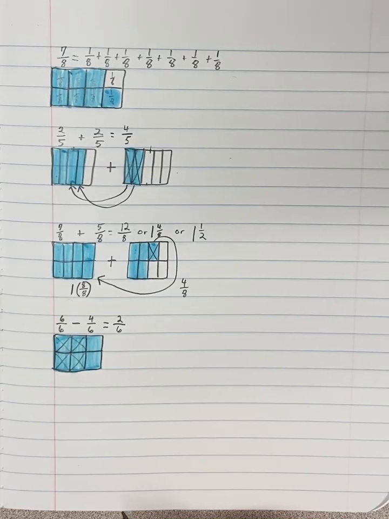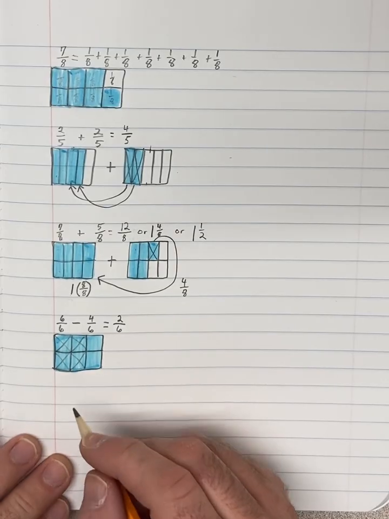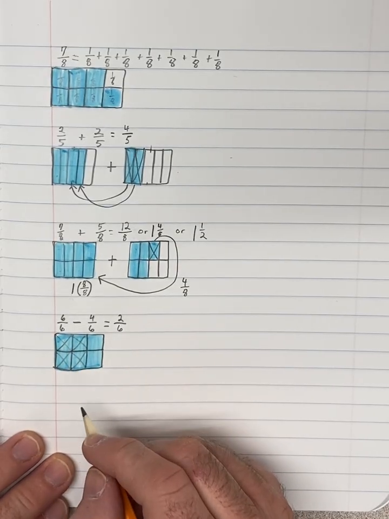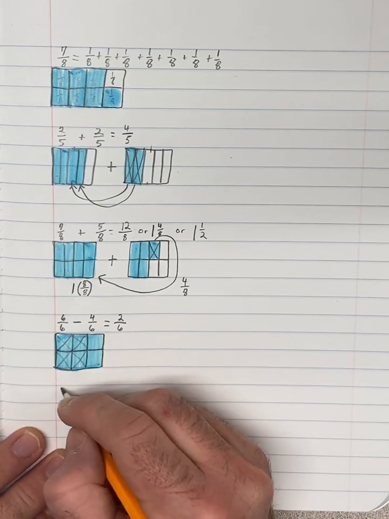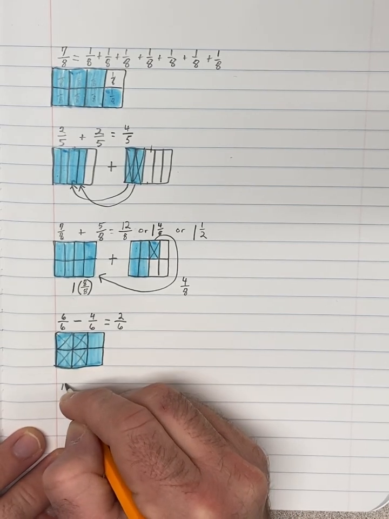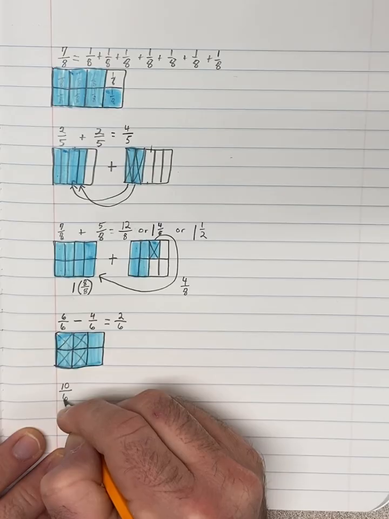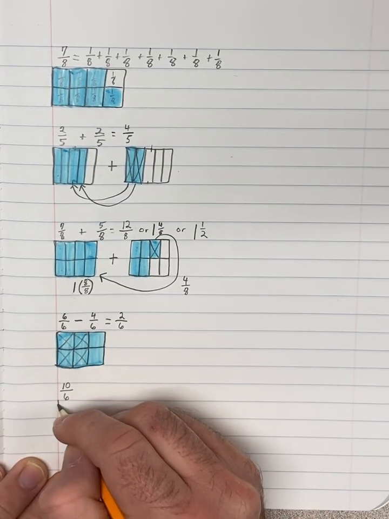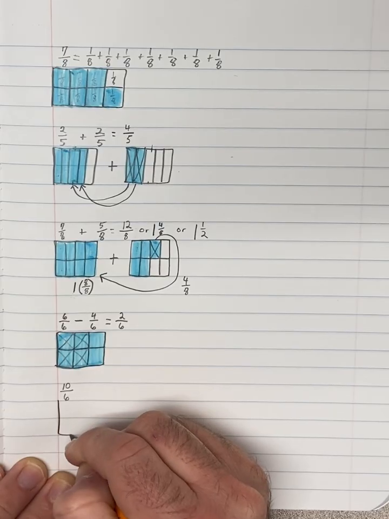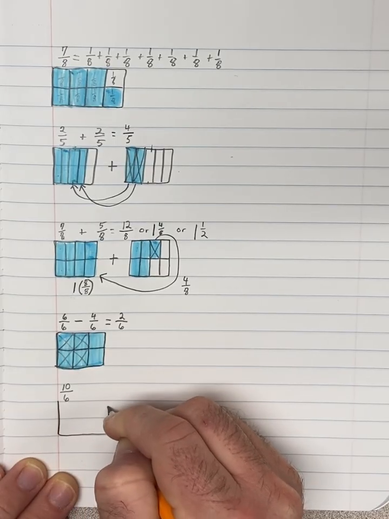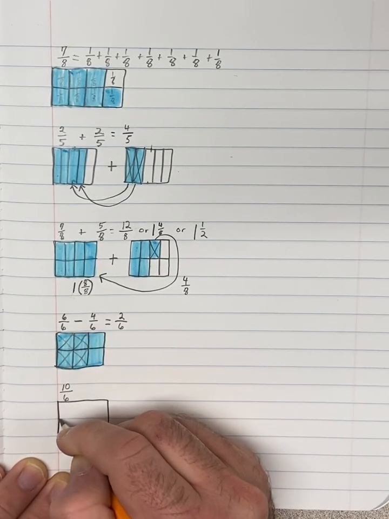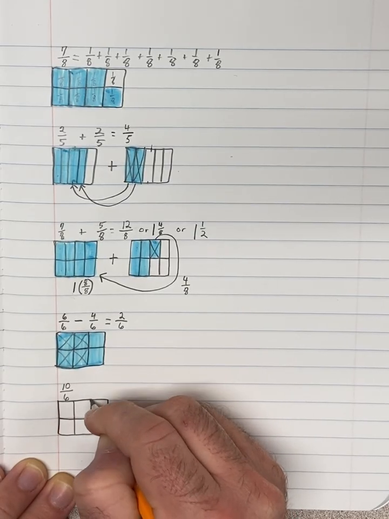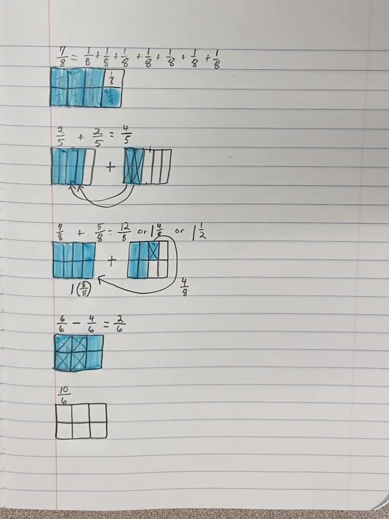Let's look at one more example. So for this subtraction, I'm going to start with the fraction 10/6. This is over a whole, so I know I'm going to at least need to draw one whole model with 6 parts and shade it in.